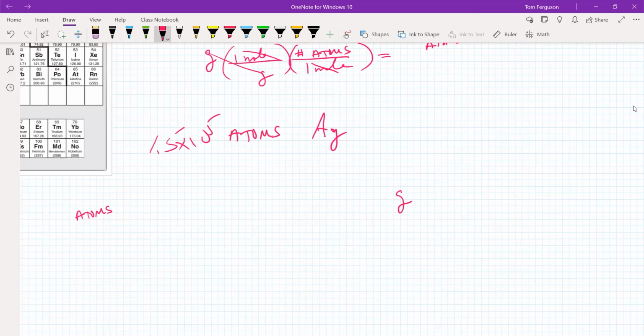Do we have a conversion from atoms to grams? No. We've got to go through our common mole. So we're going to get it to moles. Once it's in moles, we now can go to grams.